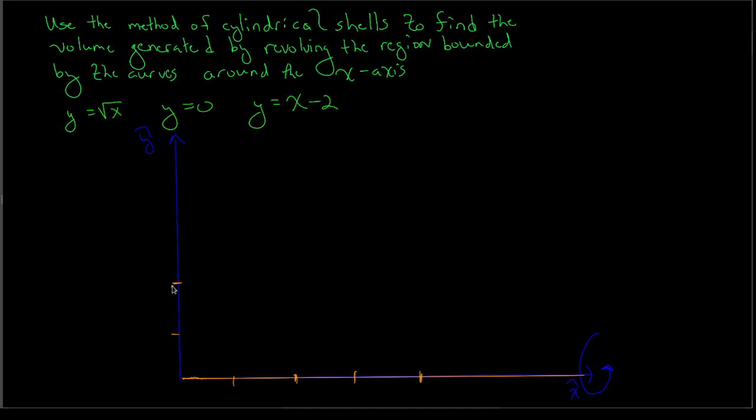Probably should save myself a graph version to draw on when I need to, but that's fine. So when this is 2, that's at 0. When this is 4, it's at 2. So the line x minus 2, we really only care about the first quadrant, but just so we get a picture, this is the line.